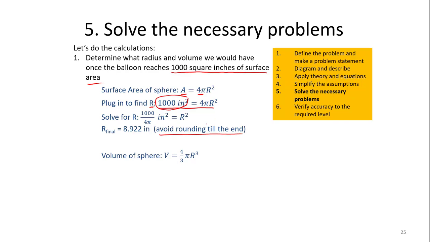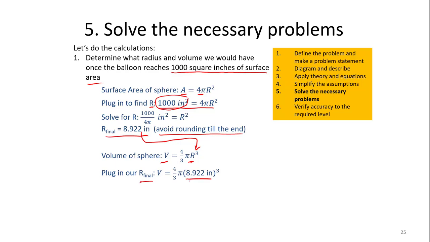So we know the final radius of our balloon. We can take that radius and plug it in to determine the final volume of our balloon. So in this case, we plug in 8.922 for our radius value.